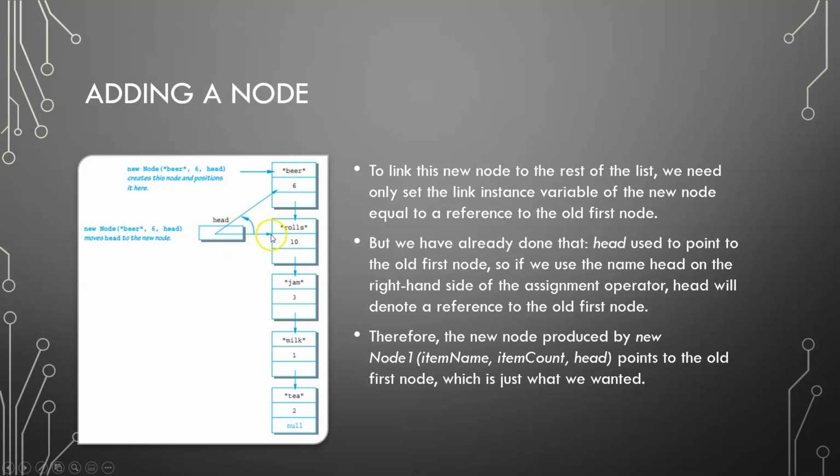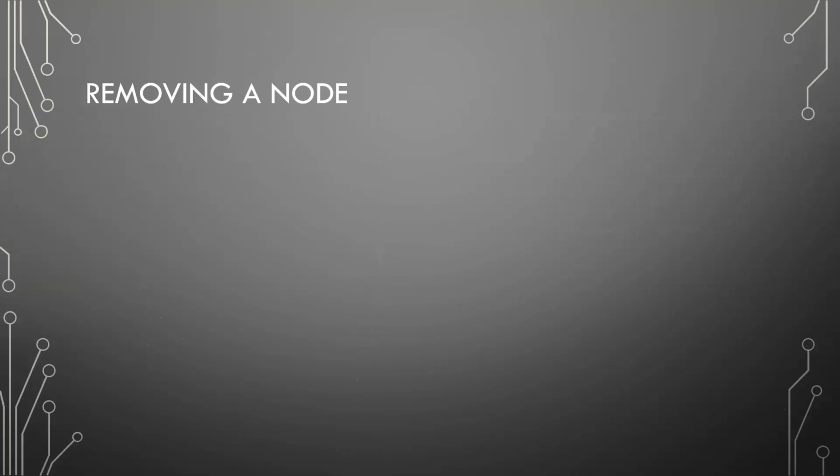The head, which was pointing here before, is now being moved to point here. And if I were to add another node, let's say one for pizza, I could put one here, and this head reference, instead of pointing here, would then move to point to the new one because it puts it at the top of the list. As I mentioned, this is already illustrated. So that's adding. Let's look at removing.